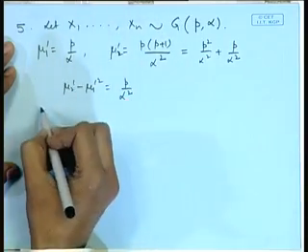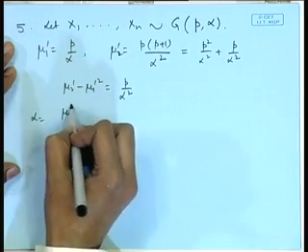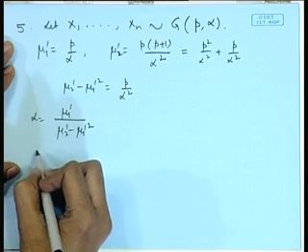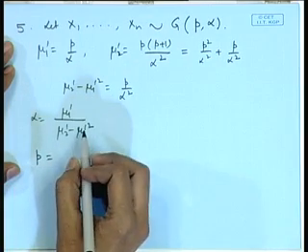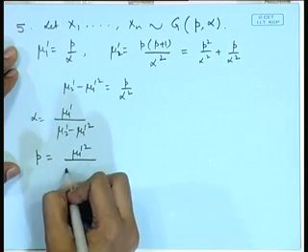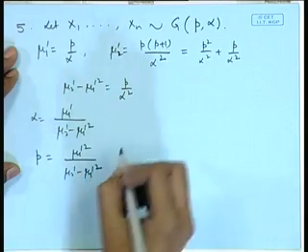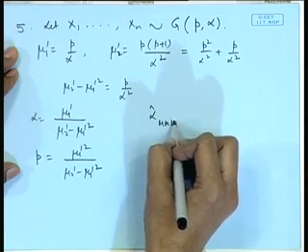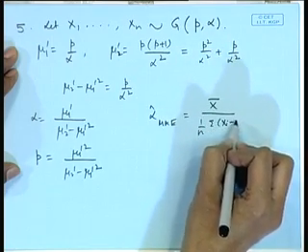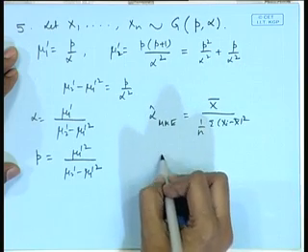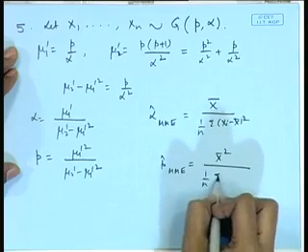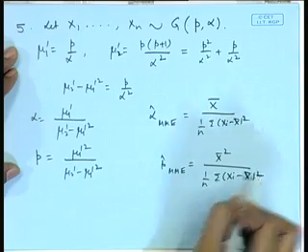Let us take the ratio here. So, alpha is equal to mu 1 prime by (mu 2 prime minus mu 1 prime square), and therefore, p is equal to mu 1 prime square by (mu 2 prime minus mu 1 prime square). So, alpha hat MME is equal to x bar divided by (1/n) sigma (xi minus x bar) whole square, and p hat MME is equal to x bar square divided by (1/n) sigma (xi minus x bar) square.